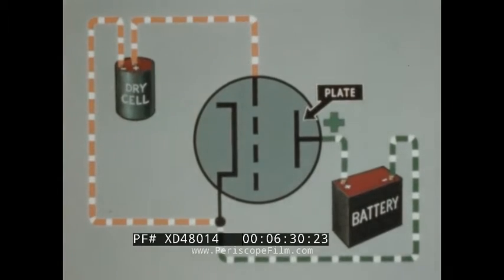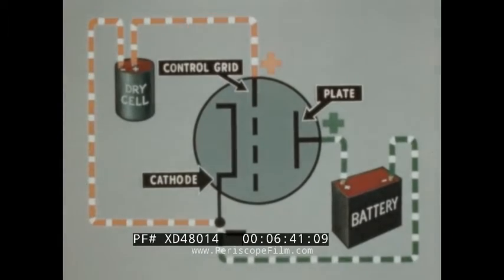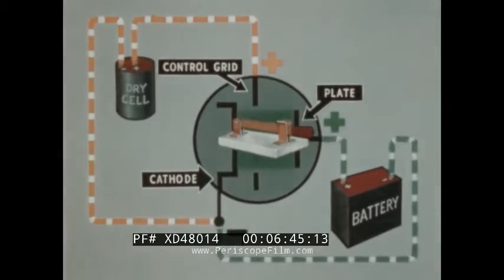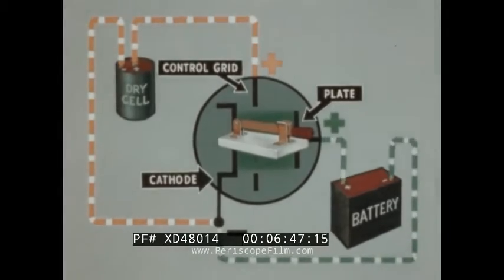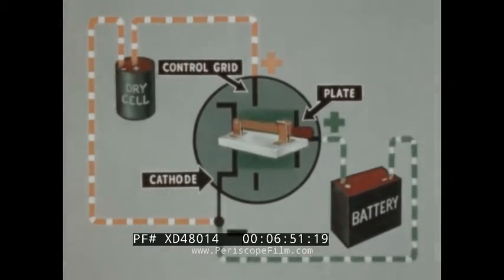With the plate positive, the control grid positive, and the cathode negative, the tube acts, in effect, as a closed switch between the plate and the cathode and permits current to flow.